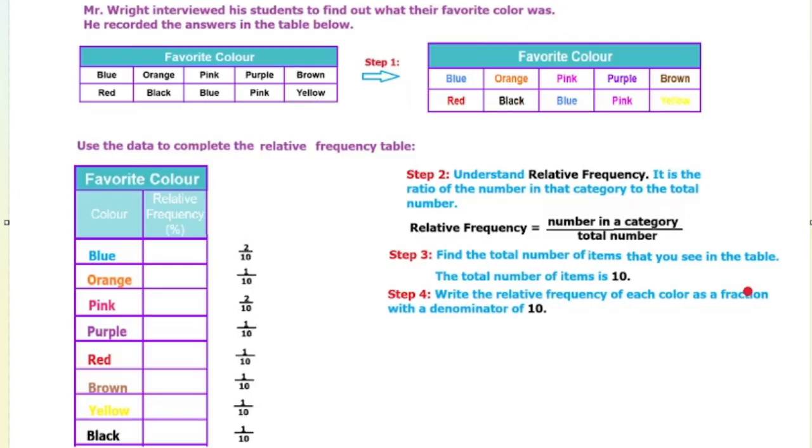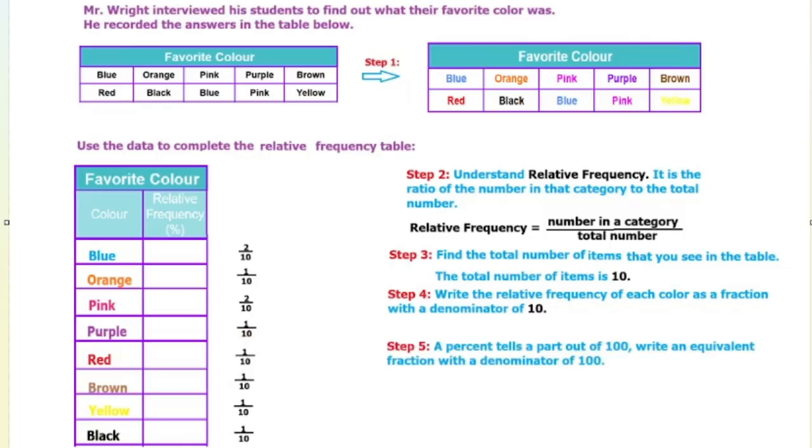So this is writing each color as a fraction with a denominator of 10, right? There's 10 people, and they chose blue twice, so 2 over 10. They chose orange once, 1 over 10. They chose pink twice, so it's 2 over 10. And the rest are all 1 over 10 because they were only chosen once.